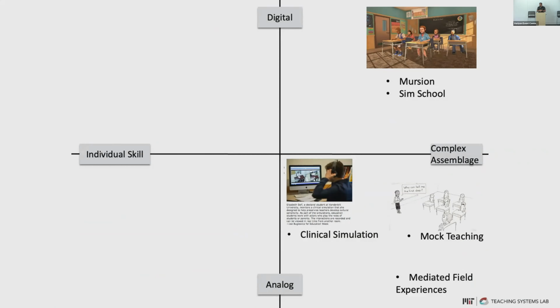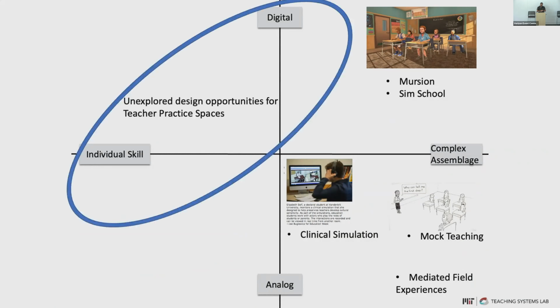If you want people to practice, you have to abstract away some of that complexity, let them develop some automaticity, some heuristics, some principles in less complex, isolated, high repetition environments, and then integrate those skills back into the complex whole. So we sort of observed this space in the upper left for digital focused things, individual skills, as kind of an unexplored design place that is where Teacher Moments fits.